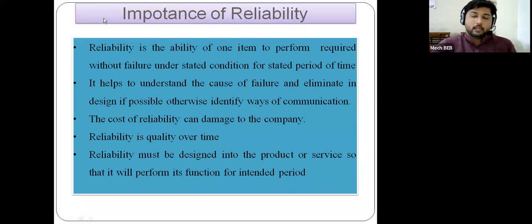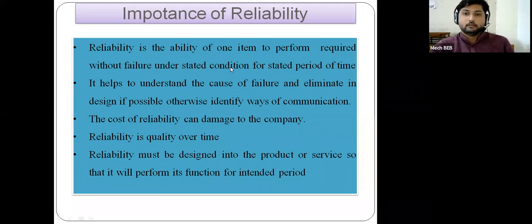So now, why is reliability important? As we have discussed earlier, it showcases the useful life, the period in which the product will perform its functions properly, with full capacity, or we can say it will not fail. So reliability is the ability of an item to perform a required function without failure under stated conditions for a stated period of time.